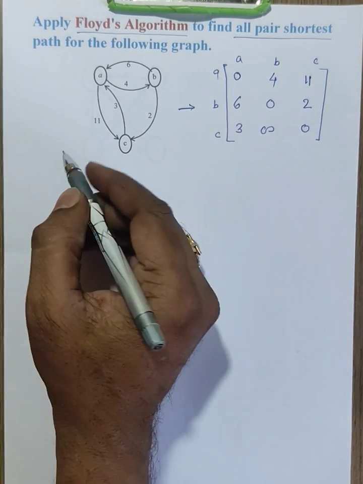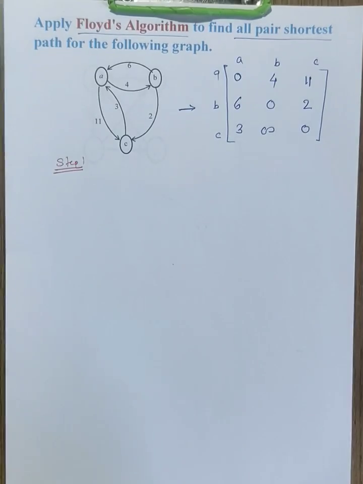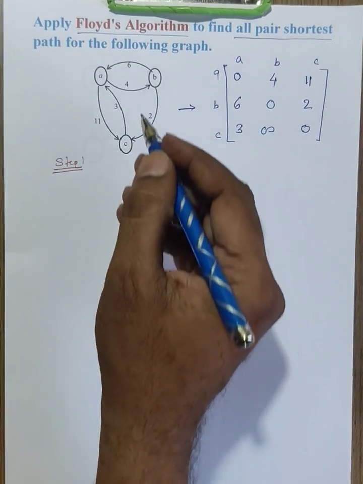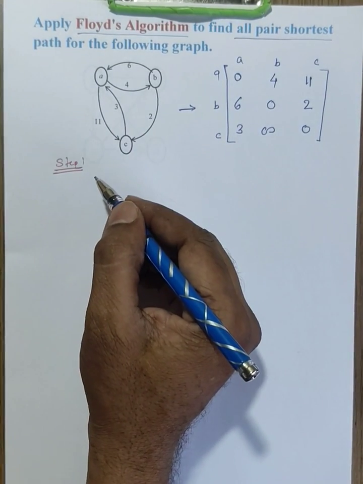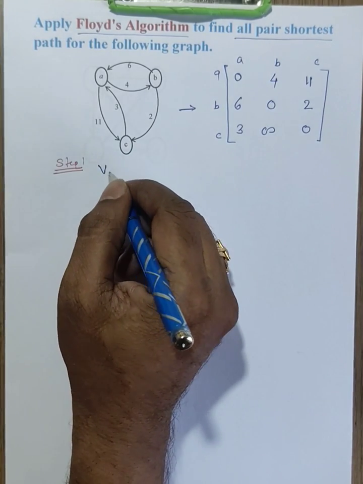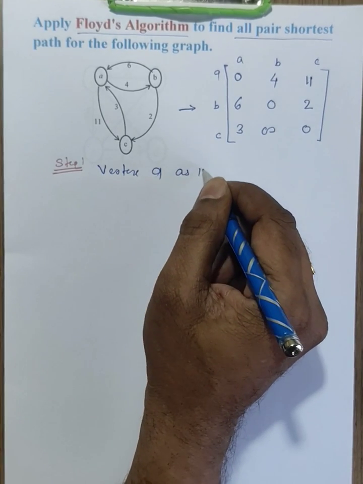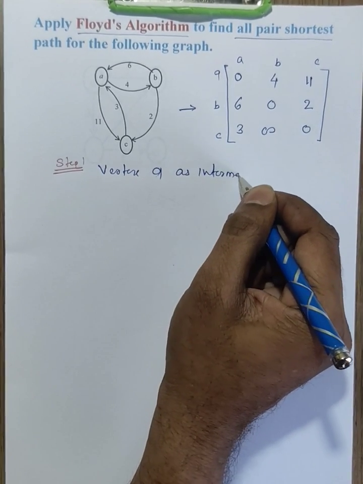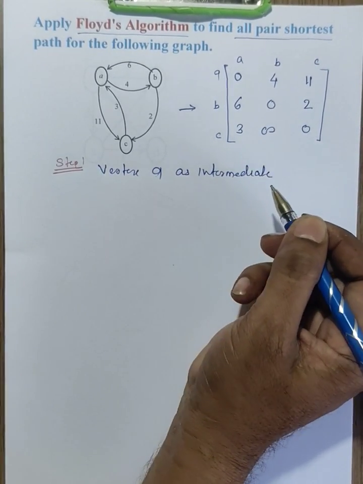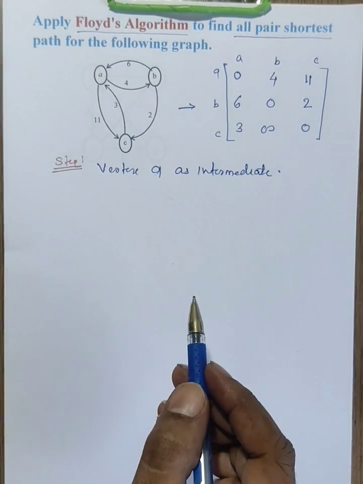Now first step. Step 1 means that is initial state. In this, we can assume first vertex, vertex A, as an intermediate vertex.